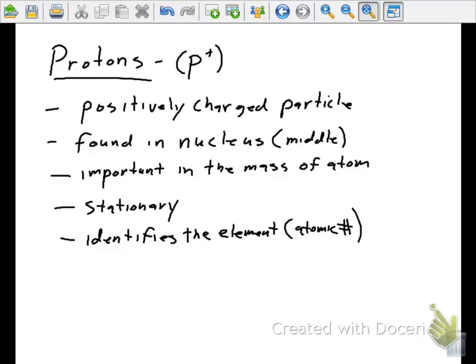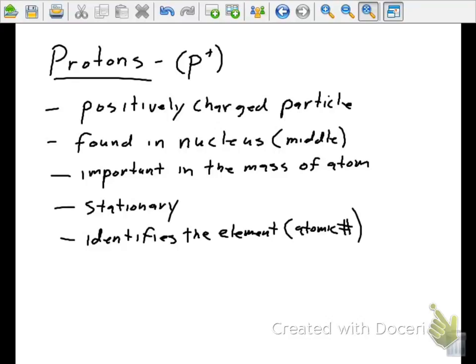If they say, how many protons are in uranium? 92. Every single uranium atom that you look at has 92. If it doesn't have 92, it's not uranium.